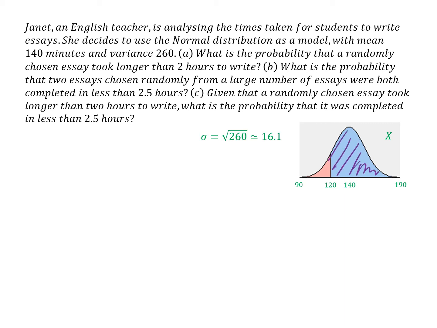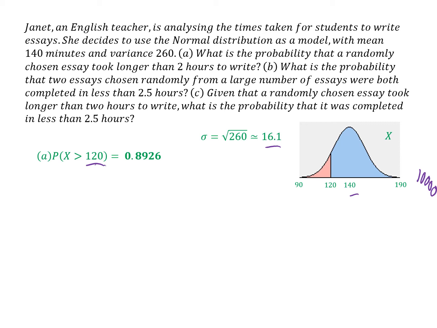And we can use our calculators, putting in the mean, standard deviation, the lower value and an upper value of, well, I put in something like 10,000 for the upper value to make sure that I don't miss anything. So that's the probability of a randomly selected essay taking longer than 2 hours to write.